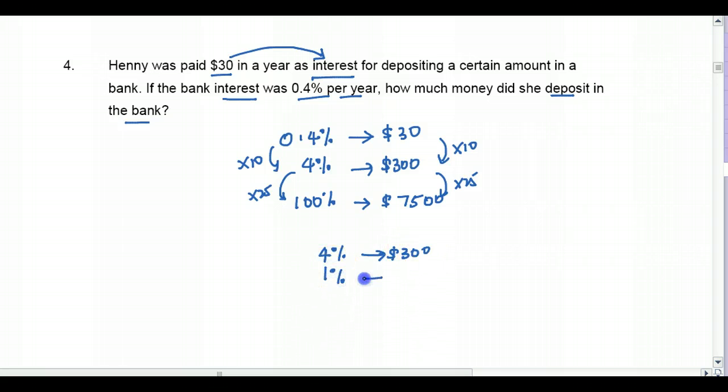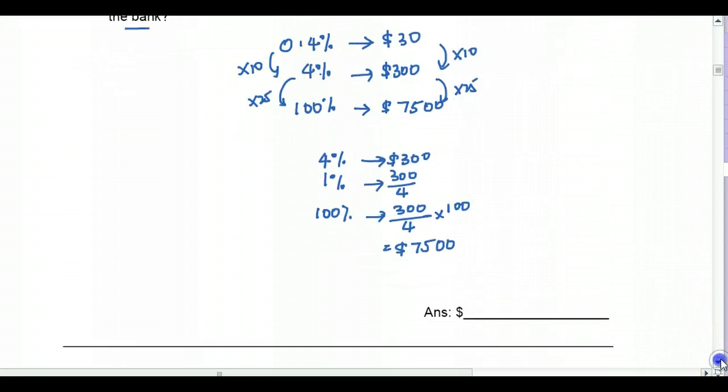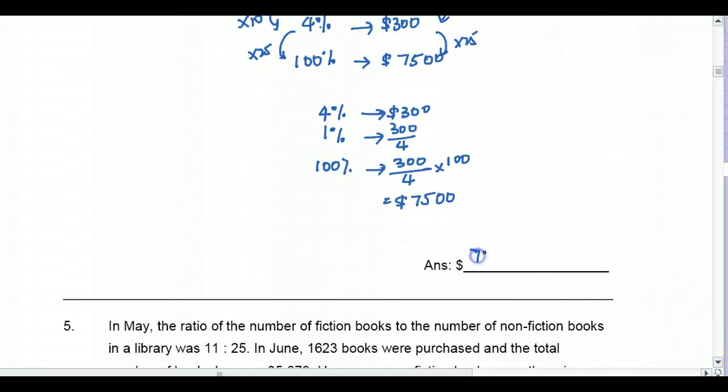So 1% will be 300 divided by 4, and to find 100%, 300 divided by 4 times 100, which will also give me 7,500. So my answer is $7,500.